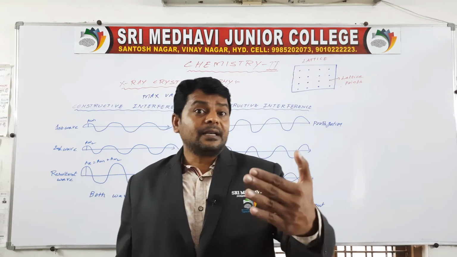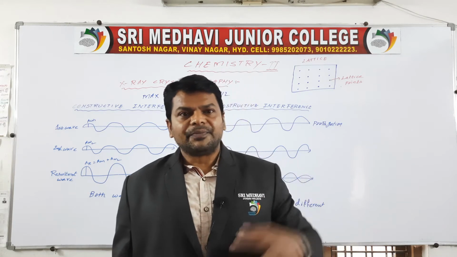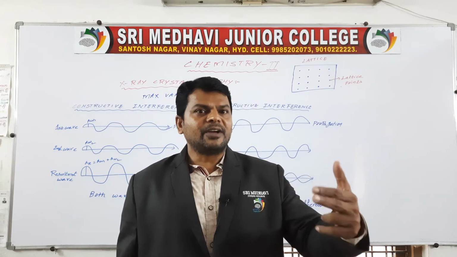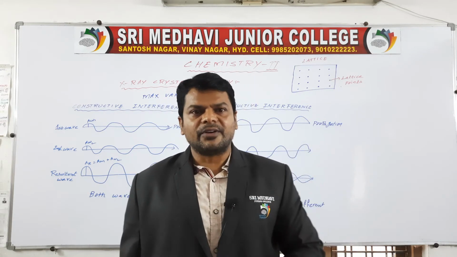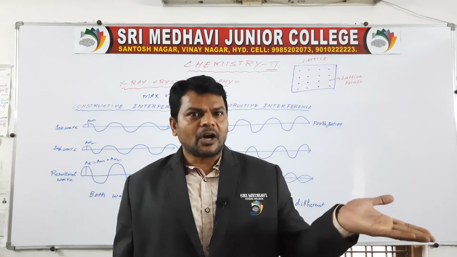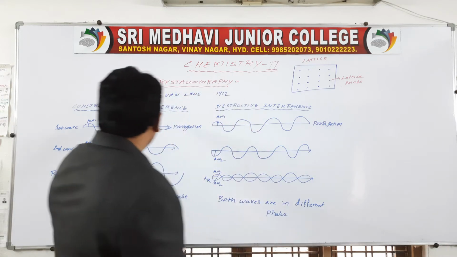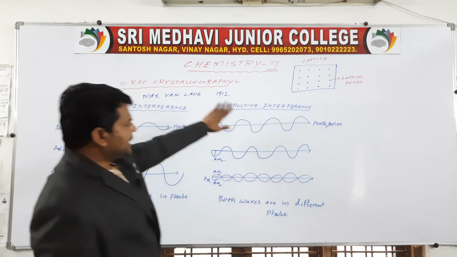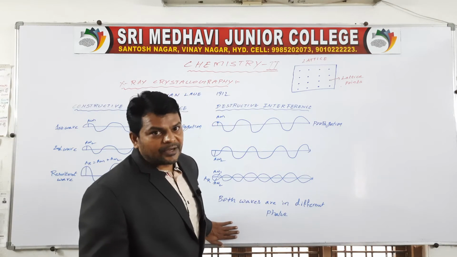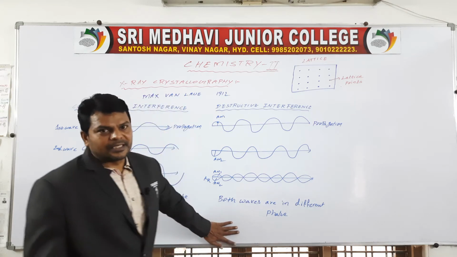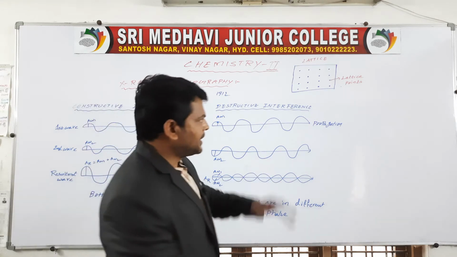If the waves are in phase, they undergo constructive interference. If the waves are out of phase, they undergo destructive interference. This is constructive interference and this is destructive interference.